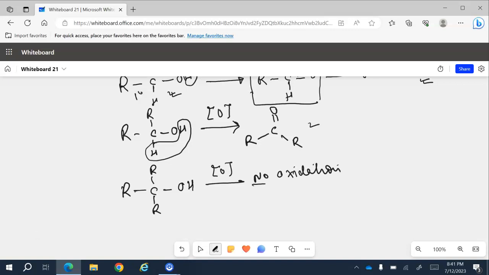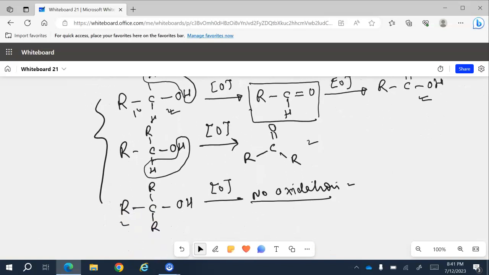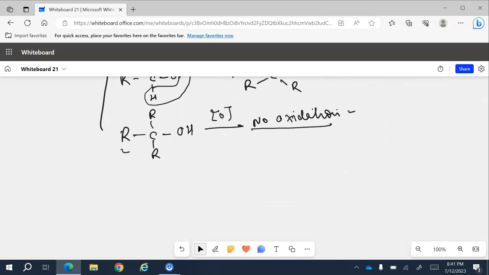So tertiary alcohols do not undergo any oxidation reaction unless we break the carbon bond there. Okay, so this is the tentative idea. Let us discuss them with examples: what are the oxidizing agents that we will be using, and how.